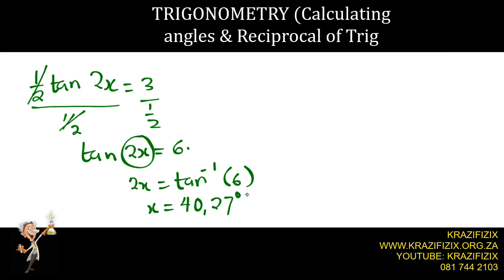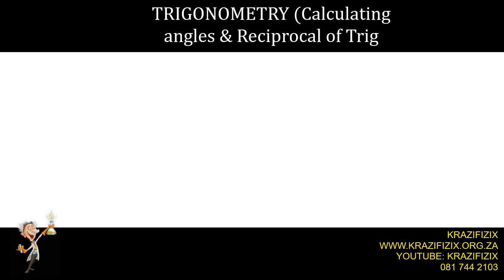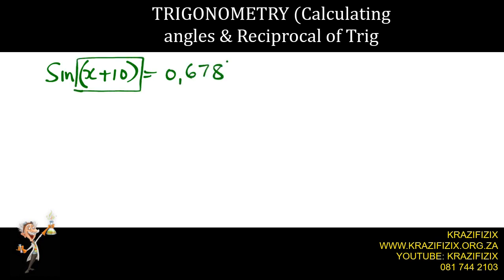Okay, let's check another example. Sine of x plus 10 equals 0,678. Remember, this is a whole angle itself. So can I get that angle? X plus 10 equals what?